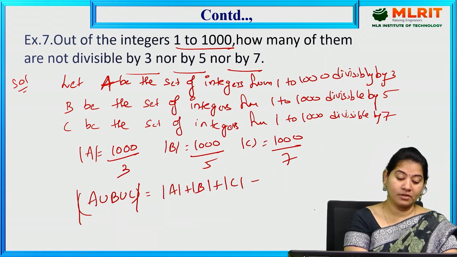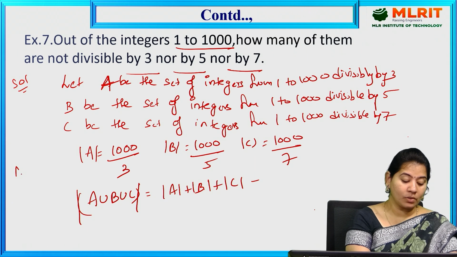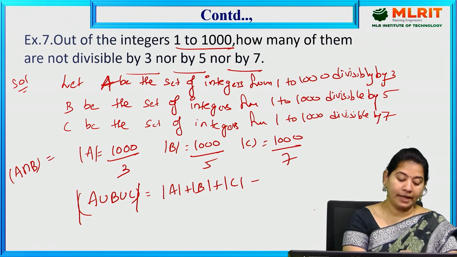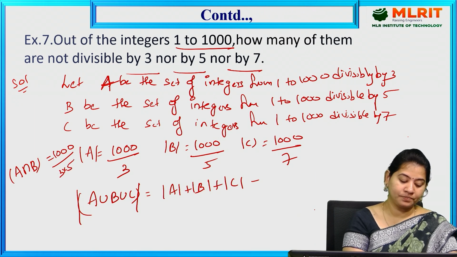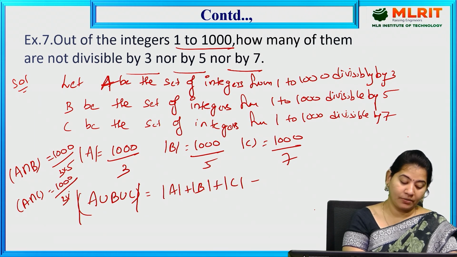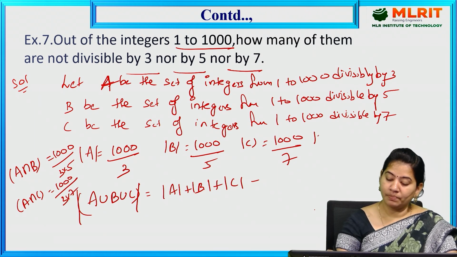So first find out what is A intersection B. So A intersection B is 1000 by 3 into 5, A intersection C is 1000 by 3 into 7, and B intersection C is equal to 1000 by 5 into 7.